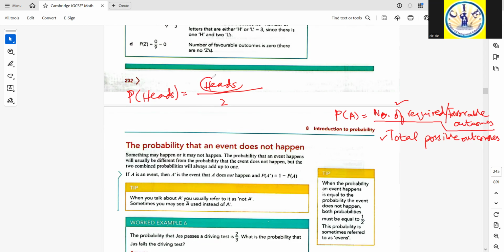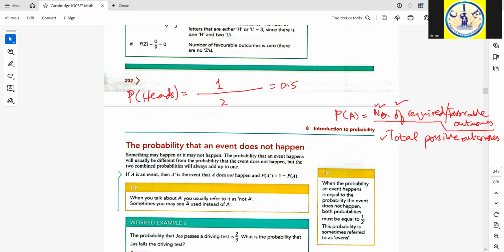So for the number of required or favorable outcomes, I would be writing down 1 in the numerator. So 1 by 2, that is 0.5. Or in percentages, we can say that 50% chances are to get a heads when we toss a fair coin.